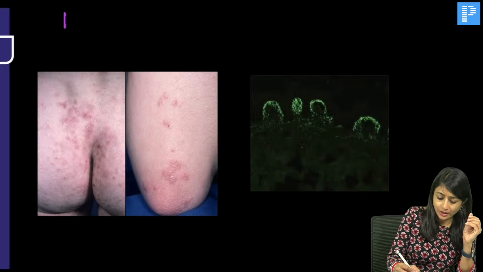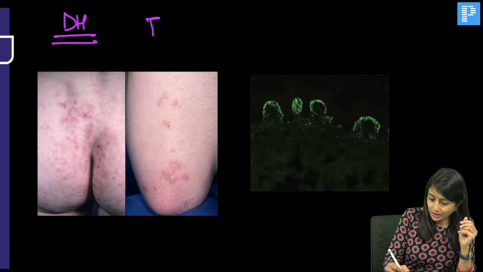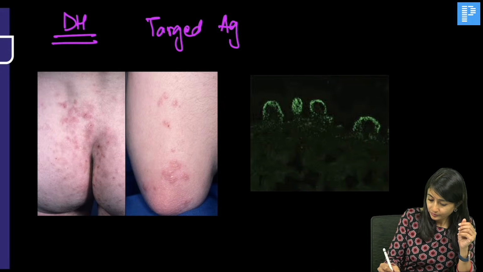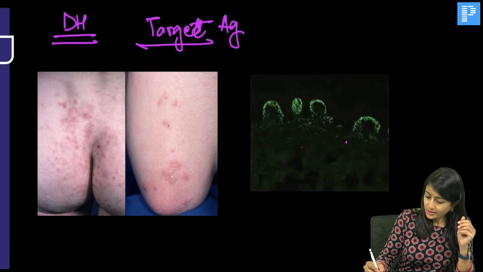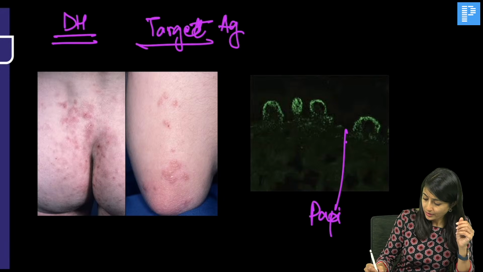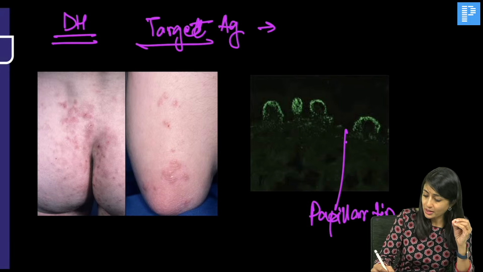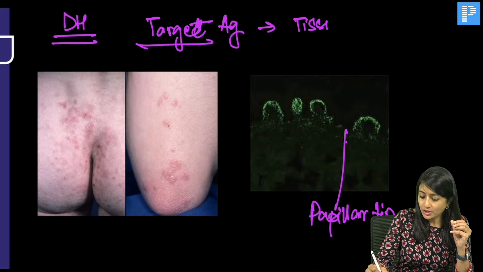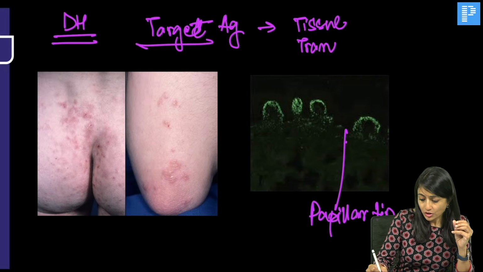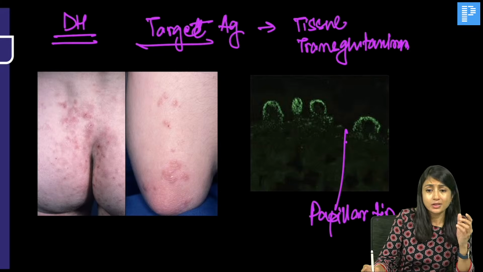The target antigen. What is the target antigen here? Yes, here you are seeing papillary tip immunofluorescence, but what is the target antigen? Yes, it is tissue transglutaminase. Tissue transglutaminase is the antigen here, and I am not discussing the treatment.